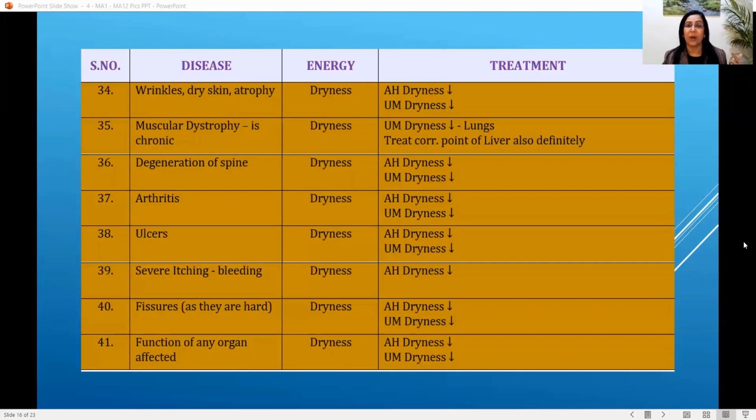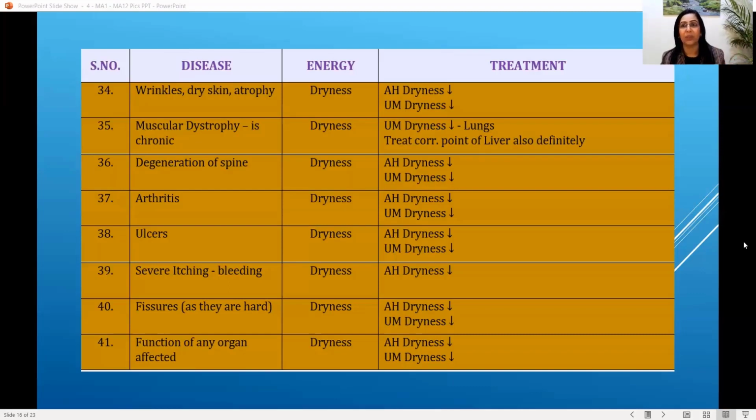For ulcers, now ulcers are not humidity energy because they are not that soft, they are slightly harder, and they are due to dryness energy. So if they are acute, if it has just been diagnosed, then you can sedate the large intestine meridian. But if they are chronic and you have had ulcers for a long time in your body, then you can sedate the lungs meridian, and also the corresponding point of the organ where the ulcers are.